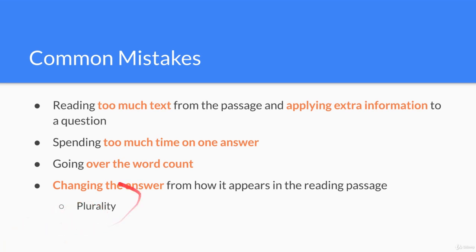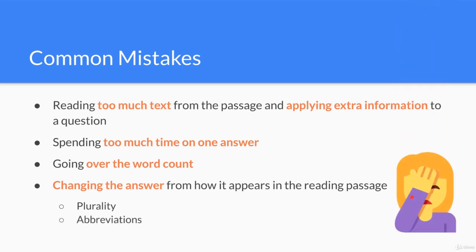It was supposed to be a singular answer and you changed it into a plural answer. Or the other way around, maybe the answer was supposed to be plural, flowers. But instead you removed the S and you turned it singular, and now it's wrong because you did not keep the answer exactly as it appears in the reading passage.